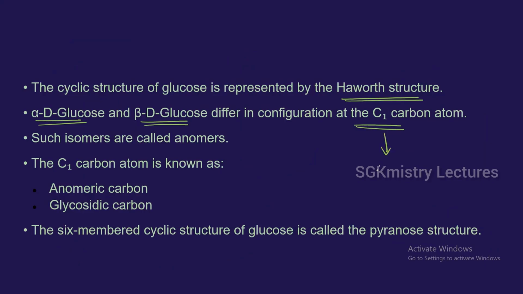Since they only differ with respect to the anomeric carbon, the alpha and beta forms are called anomers. The C1 carbon also has another name, glycosidic carbon. So it can be called the anomeric carbon or the glycosidic carbon. And the six-membered cyclic structure of glucose is called the pyranose structure. So that's why we named it beta D glucopyranose or alpha D glucopyranose.